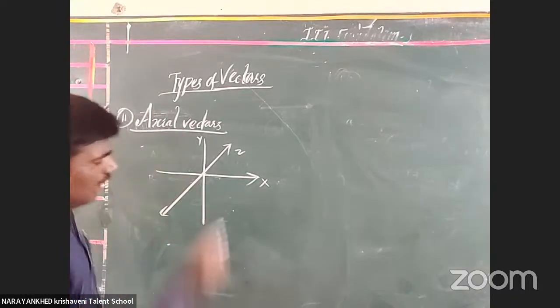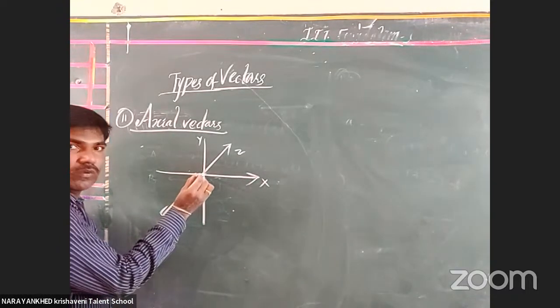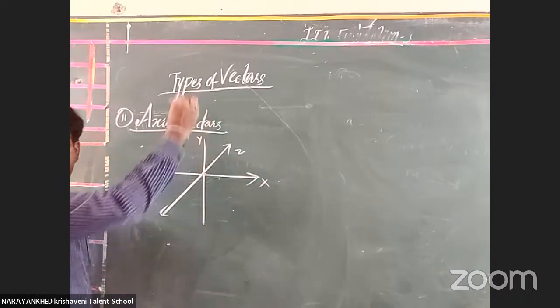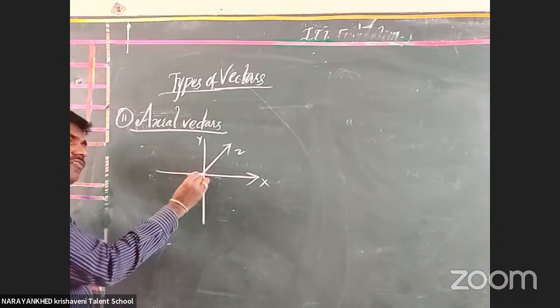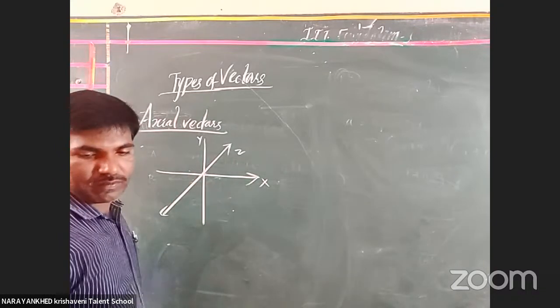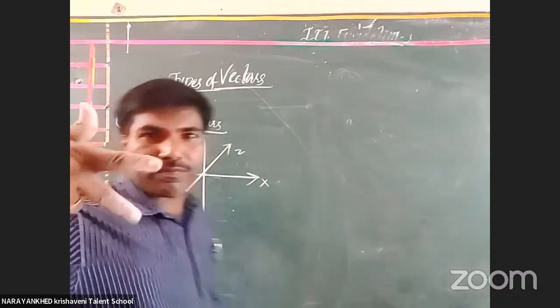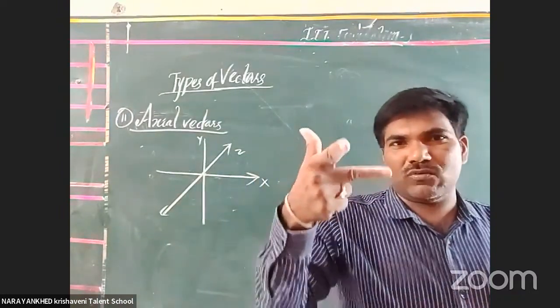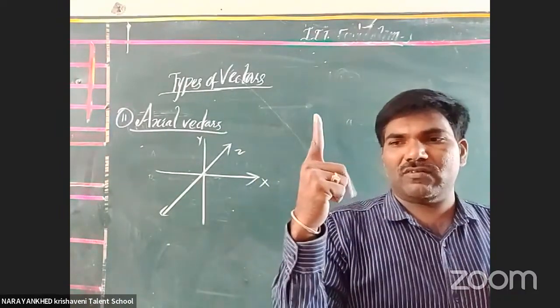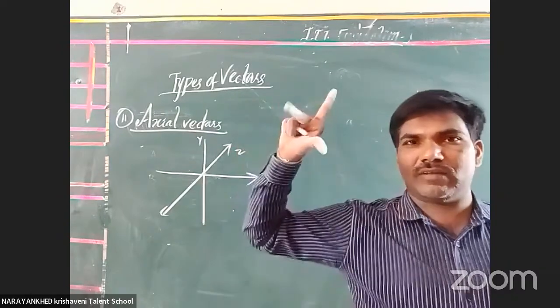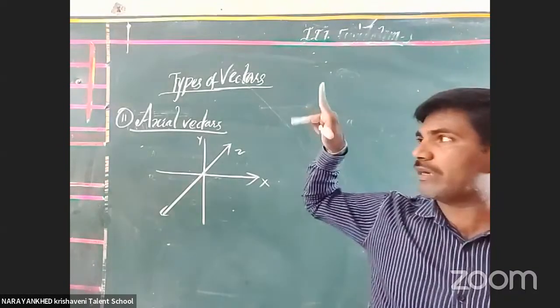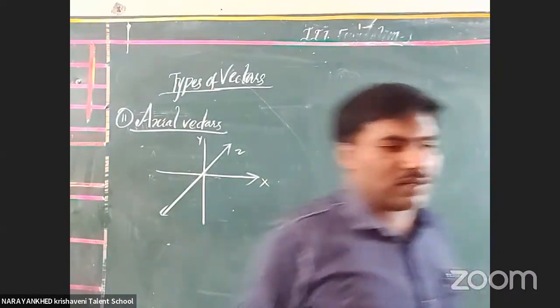The x-axis is in this direction, the y-axis is like this, and the z-axis looks like this. Clear or not, all the students? Suppose this is the x-axis and this is the y-axis, then my thumb indicates the z-axis. Got it?